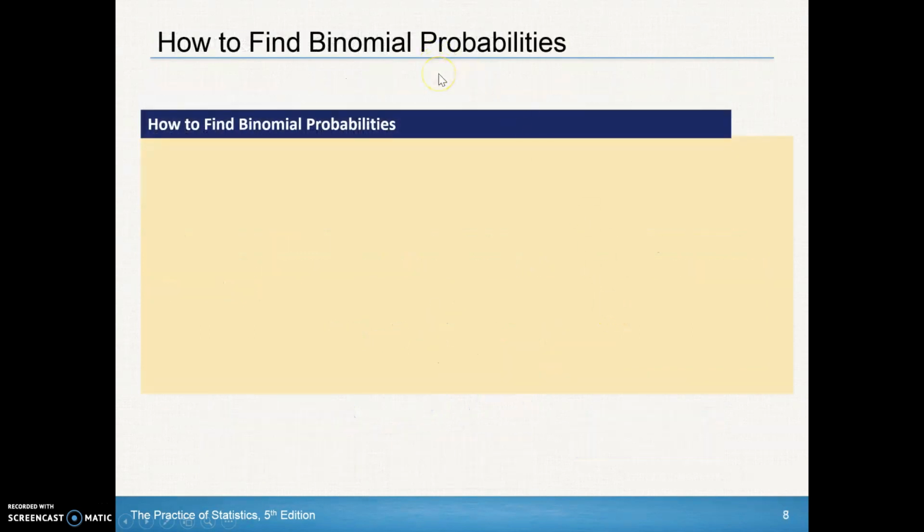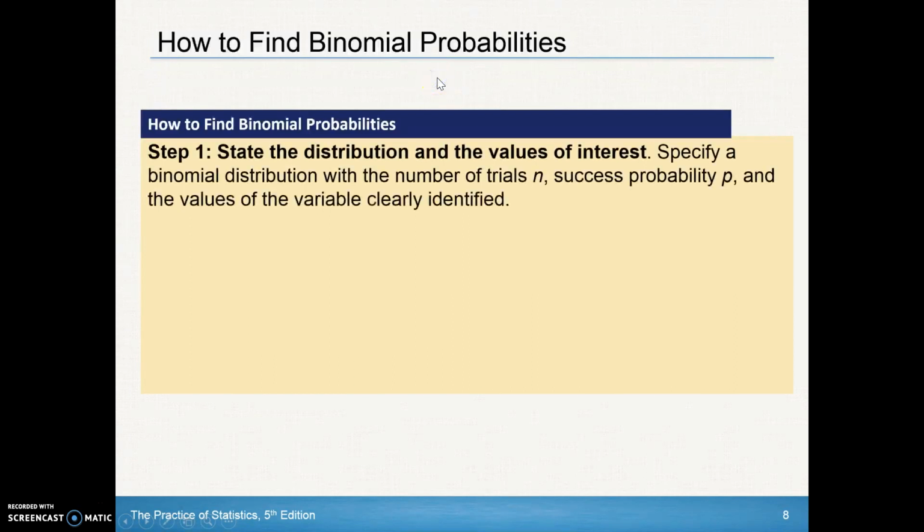So how do we find these binomial probabilities? Well, state the distribution and the values of interest. So specify that it is a binomial distribution with a specific, finite number of trials, the success probability, and then the values of the variable clearly defined.